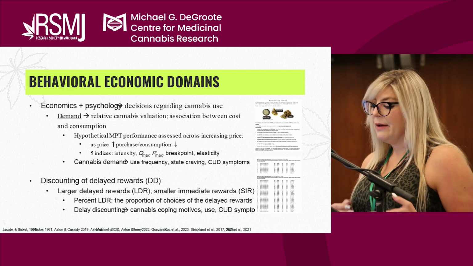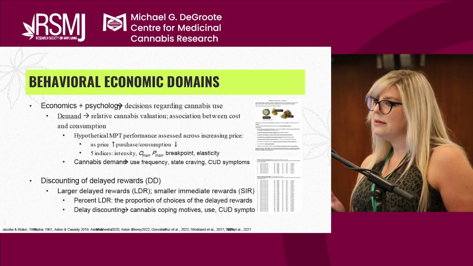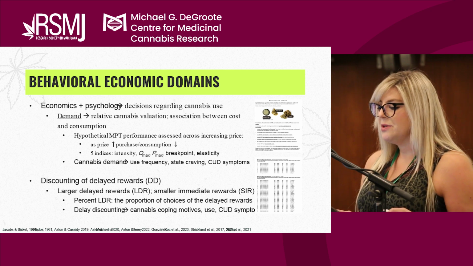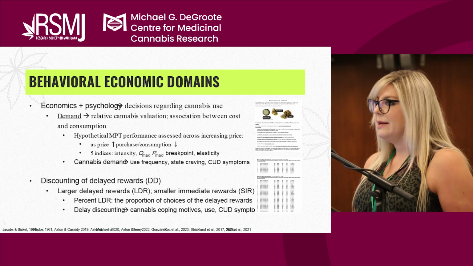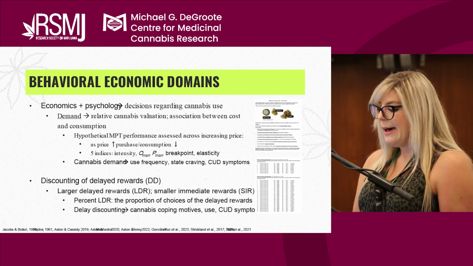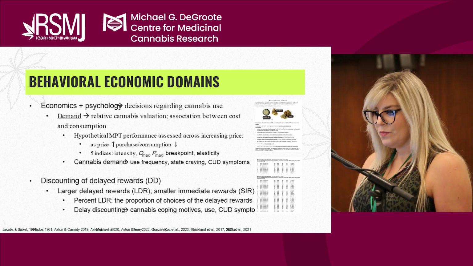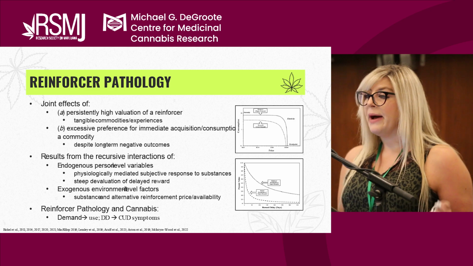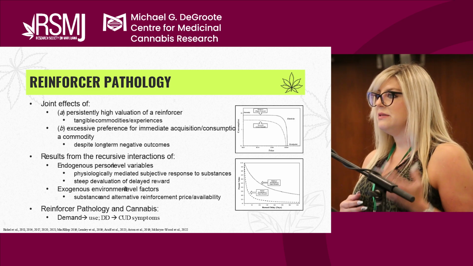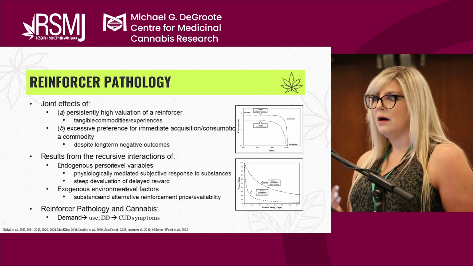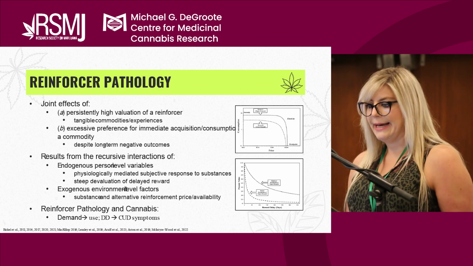And then delayed discounting has also been inconsistently related to a lot of different cannabis use behaviors, but these include things like coping motives, cannabis use disorder symptoms, and use. So I want to combine those two things into what we call reinforcer pathology. And this is something that was developed by Bickel and colleagues a couple of decades ago.